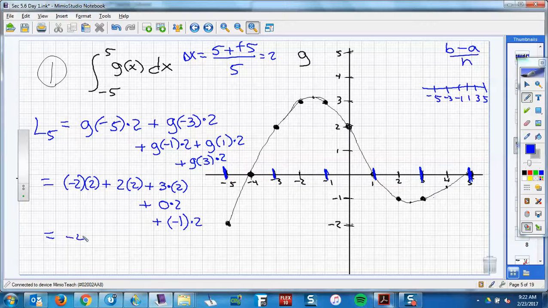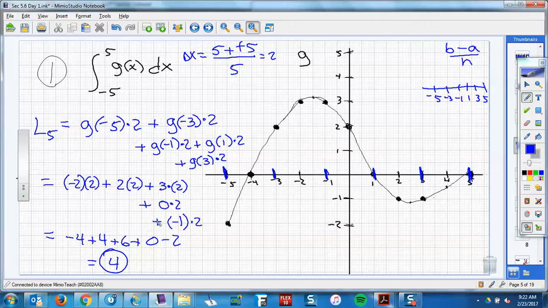So that gives me -4 plus 6 plus 0 minus 2, cancel, total area of 4, right? So that's problem number 1.